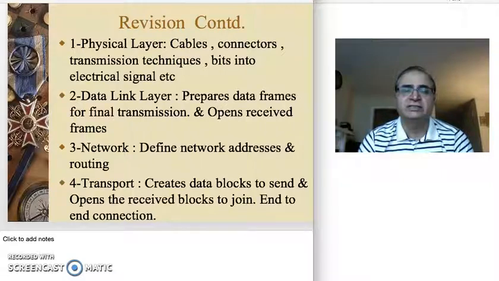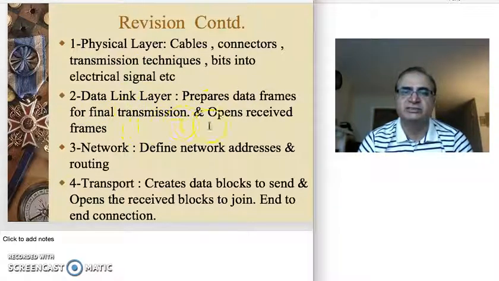The next one is just a revision. The physical layer, as we discussed, handles cables, connectors, transmission techniques, and electrical signals. The data link layer prepares data frames for final transmission and opens received frames. Third is the network layer, which defines network addressing and routing. Number 4, transport, creates data blocks to send and opens the received blocks to join the end-to-end connection.